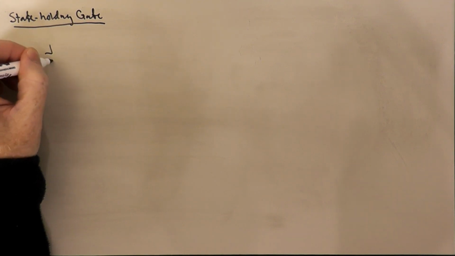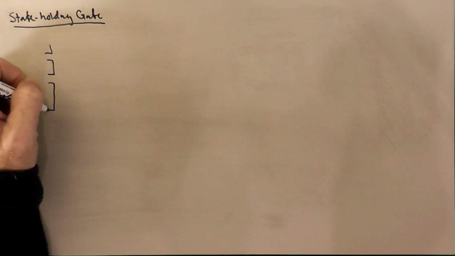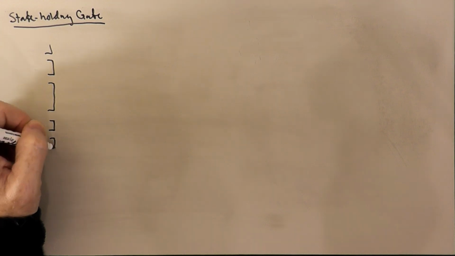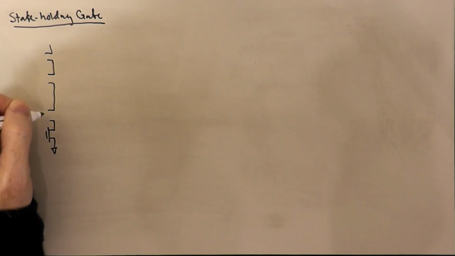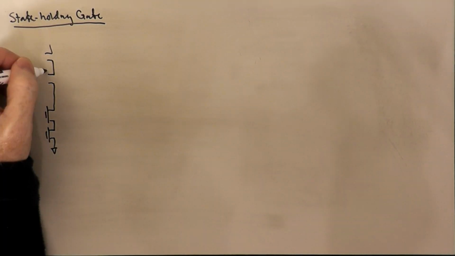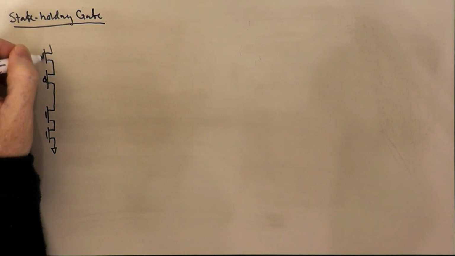And here is the basic structure of the gate. It's got two transistors in the pull-down network and two transistors in the pull-up network.